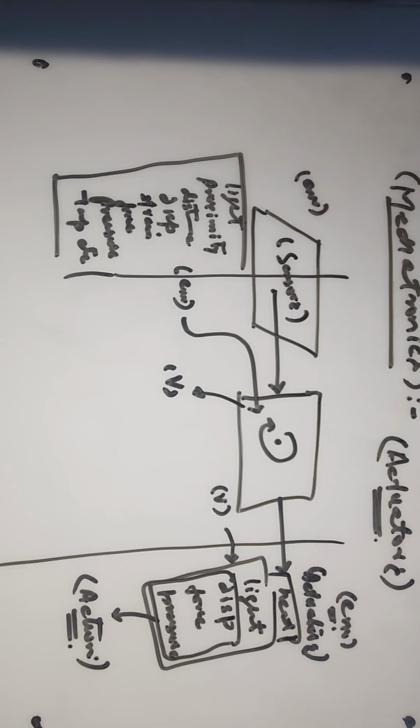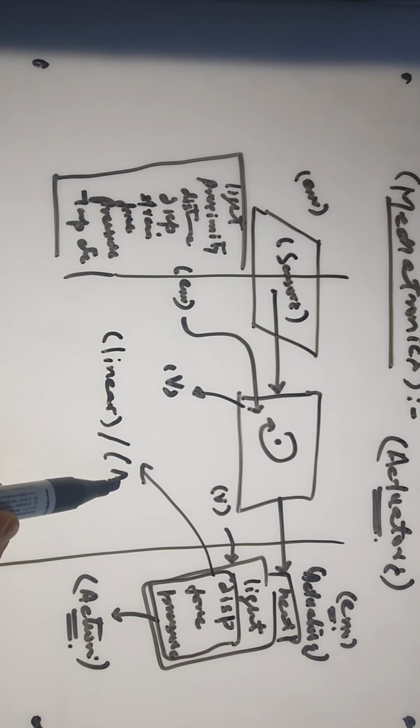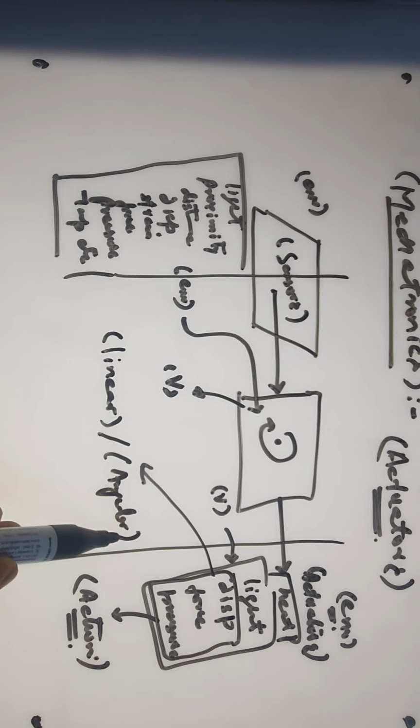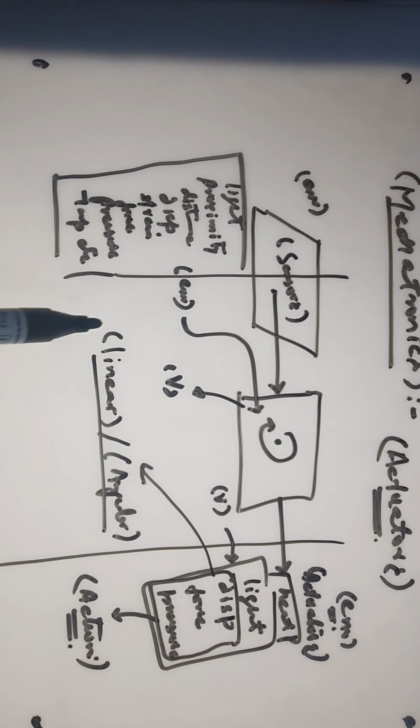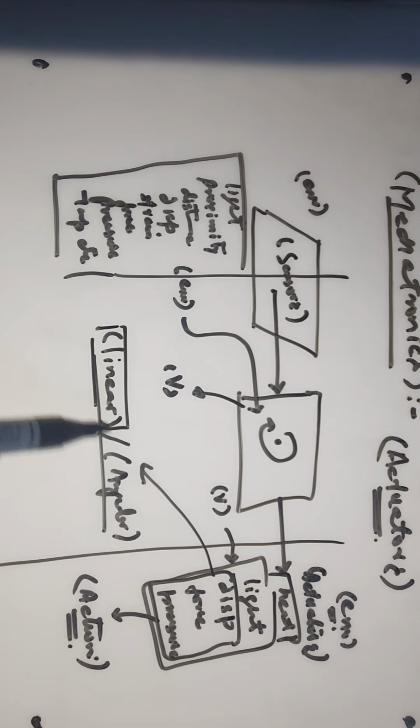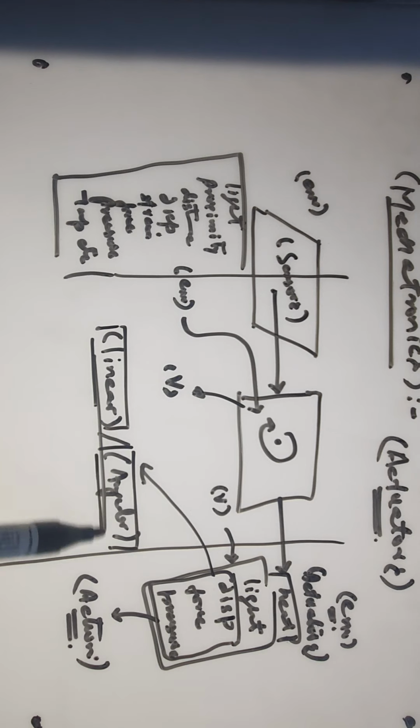As we were sensing displacement, we had two types of displacement. One was linear displacement and the second was angular displacement. Same way we will have the actuation. So in terms of displacement, we will have the linear actuation and we will have the angular actuation.